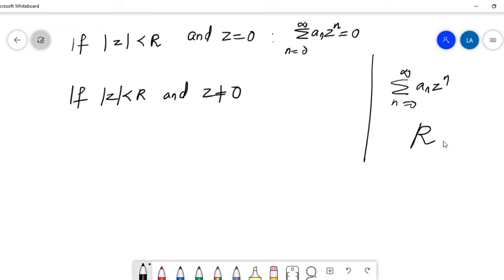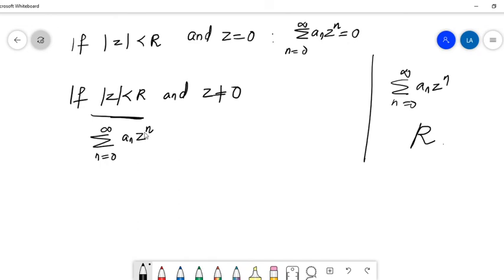Now, when modulus of z is strictly less than R, summation n equal to 0 to infinity a_n z raised to n will have a finite sum.